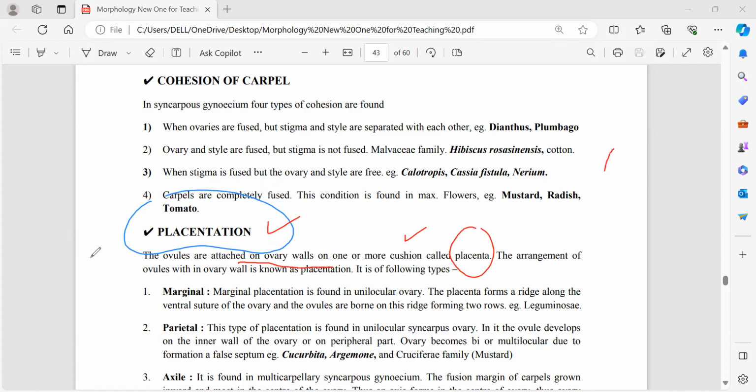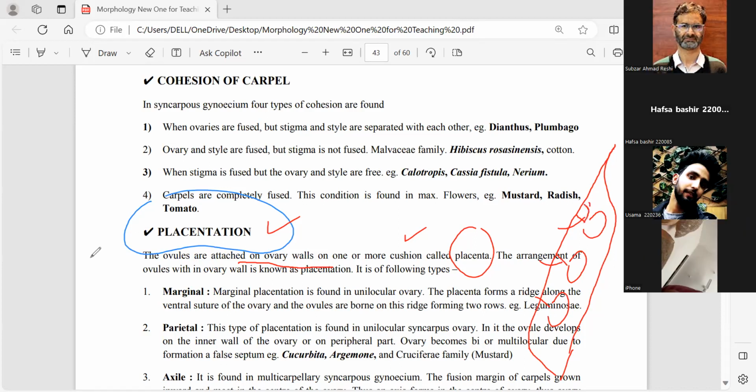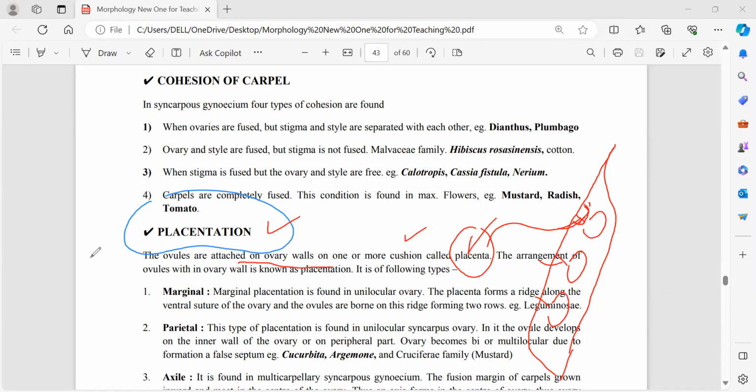For example, you have seen the pod of pea, legumes. यहाँ पे क्या है, जो वो मटर के दाने होते हैं, they are attached to the ovary by a stalk-like structure. जब वो मटर का दाना कट हो जाता है, a trace is left on the ovary. That trace, that cushion-like structure by which it was attached to the ovary, that is called a placenta. उसको क्या कहते हैं? Placenta.